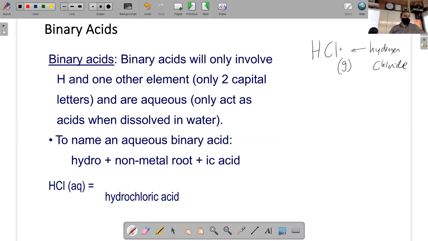Hydrochloric acid is actually hydrogen chloride gas dissolved in water. So when we write acids, all acids have an AQ after it whenever they're in solution, and then the name changes to hydrochloric acid.